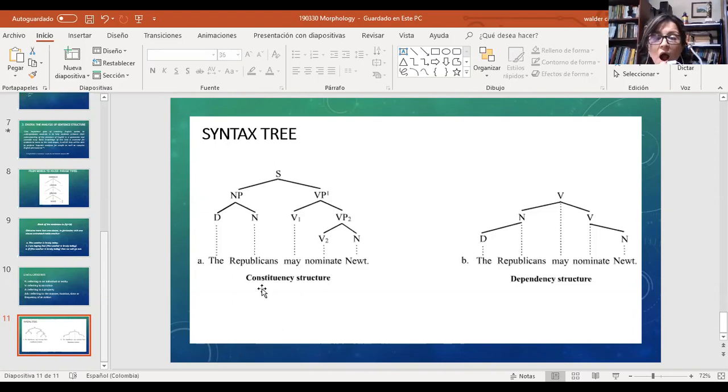This is a constituent structure. Here in this other part of the slide, you can see the dependency structure. So you have the main structure, and here you understand the dependency structure, how the structure goes in detail to understand the syntax.